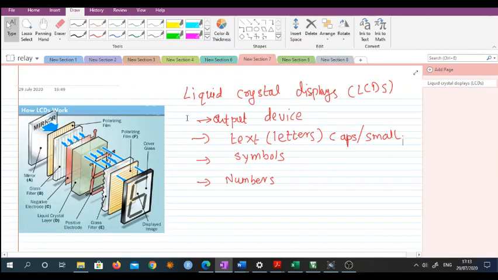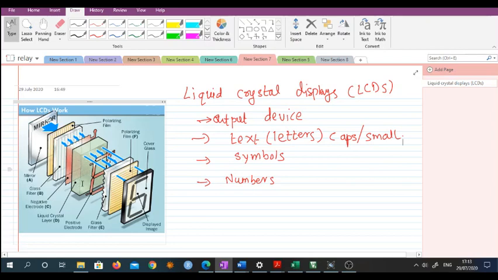This is the internal architecture. If you look at it, there is a glass fiber inside and two electrodes, one negative electrode and another positive electrode, and in between these two electrodes there is a liquid crystal material.